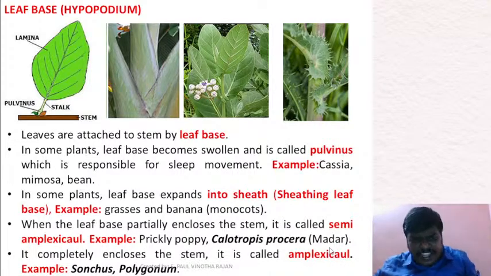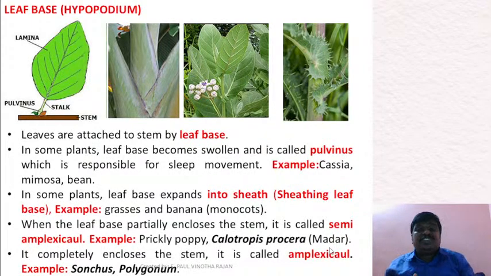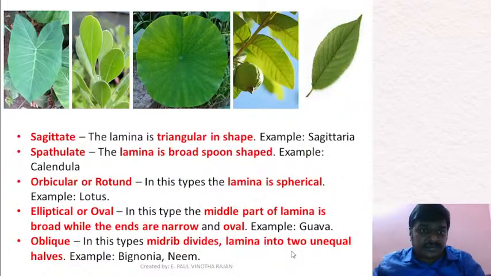So two types are there: if the leaf base partially encloses the stem, it is semi-amplexicaul; if it completely encloses the stem, it is amplexicaul. This is about the leaf base.